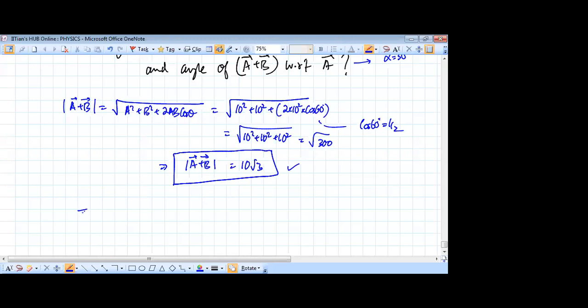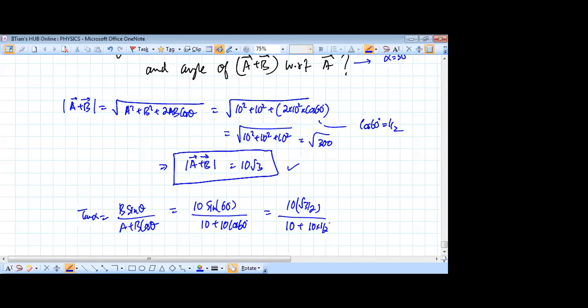And also tan alpha is B sin theta upon A plus B cos theta. So make use of this formula here. So 10 sin 60 divided by 10 plus 10 cos 60. So that will become 5 root 3 upon 15.